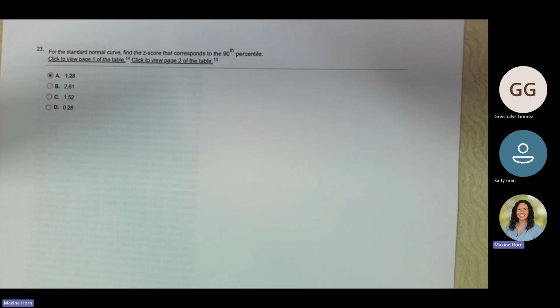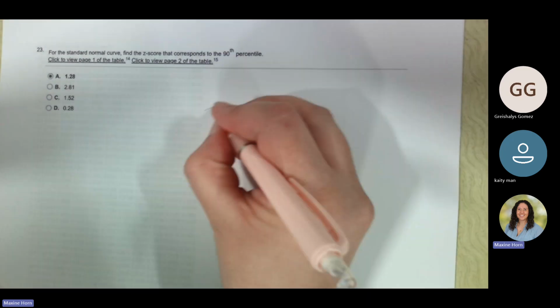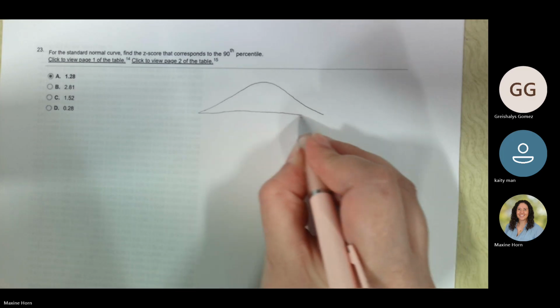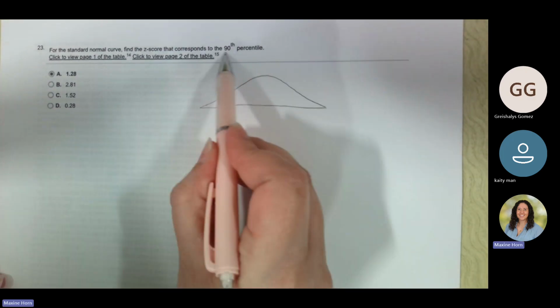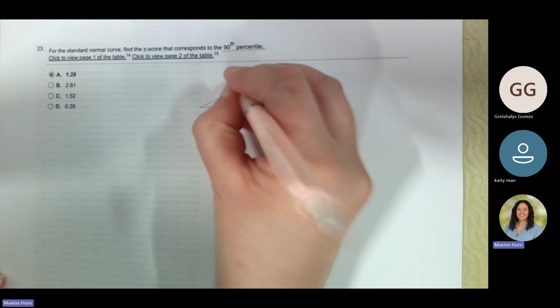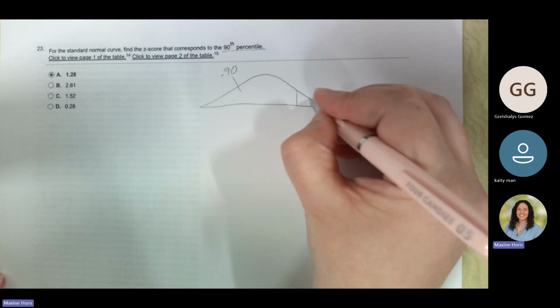Okay, for the standard normal curve, find the z-score that corresponds to the 90th percentile. Okay, so when they say 90th percentile, let me just draw this. The 90th percentile is what separates the bottom 90 from the top 10.